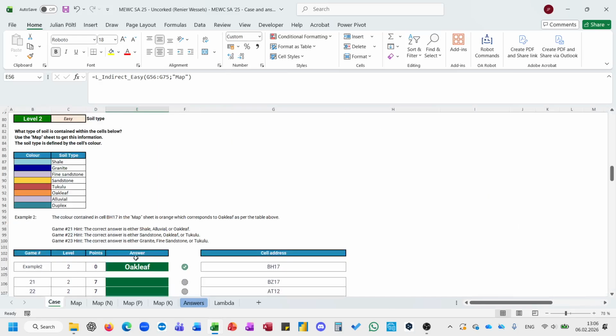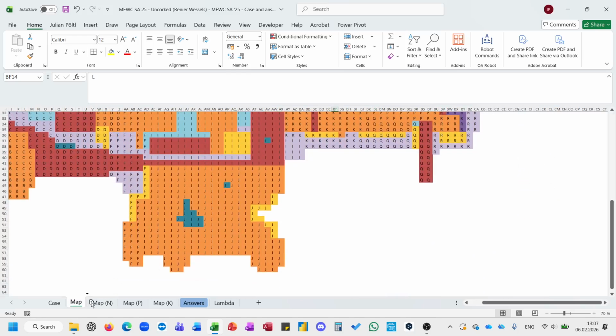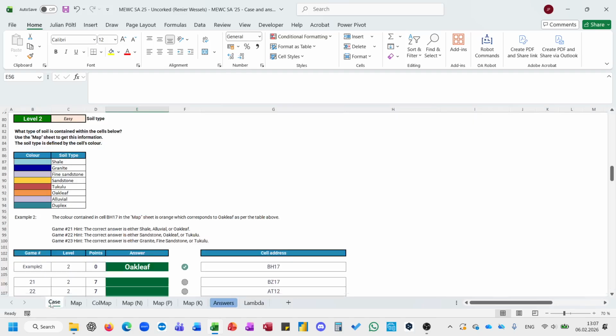Soil type. Okay, this is not everything from the same type, so I need one of my color macros. You will find this up in one of the corners.